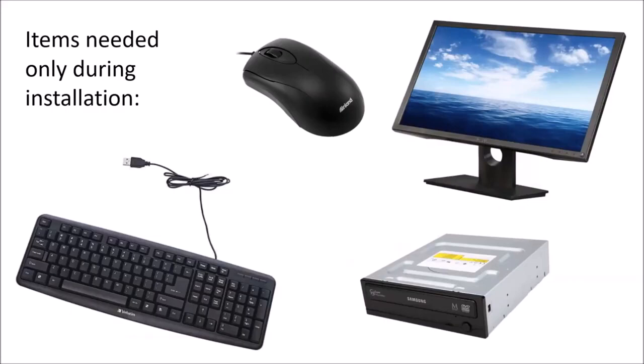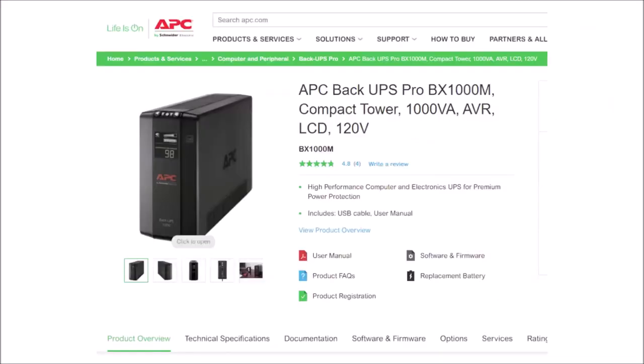If you're going to use a disk, as I did, you might want to put either temporarily or permanently an optical drive in there. I've left mine in there because that's what I would use if I need to reinstall it or for other purposes. This is the UPS that I have on a different system, but any of the APC UPSs that have sufficient power for it should be fine to use.